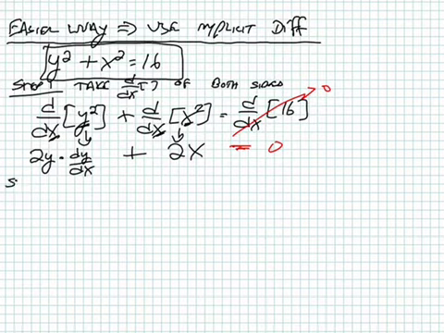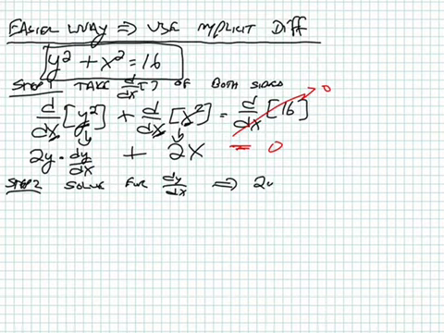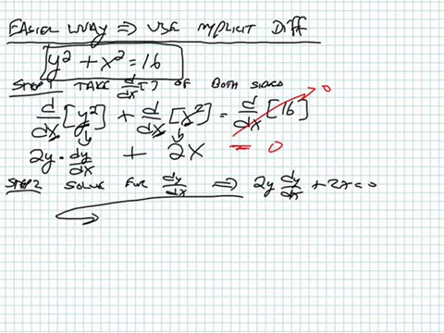And now for step 2, I want to solve for dy dx. So here I'm going to rewrite this: 2y dy dx plus 2x is equal to 0. So I'm going to subtract 2x from both sides and divide by 2y.